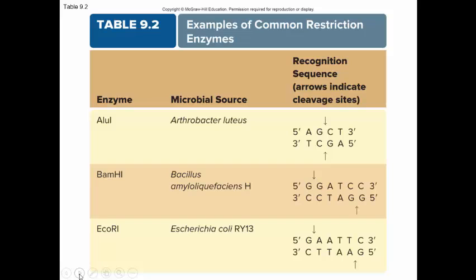Okay? What you see here on this table is how certain enzymes, and they tell you the source. You see, all the enzymes don't come from one particular bacteria or another. They're actually found in a variety of both prokaryotes and in some cases eukaryotic life forms. How do they get these strange letters?